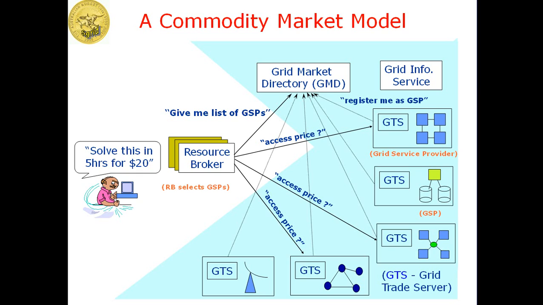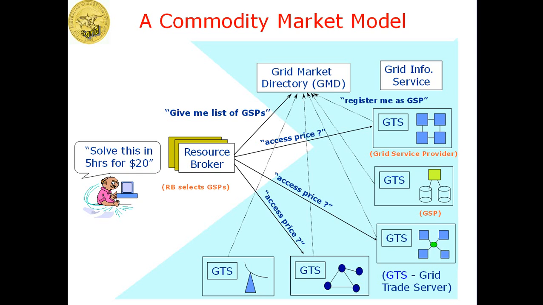GMD responds to this request, and GRB selects a number of GSPs and asks for the price to run the application. The resource broker sends some message to select a GSP and asks about the access price.